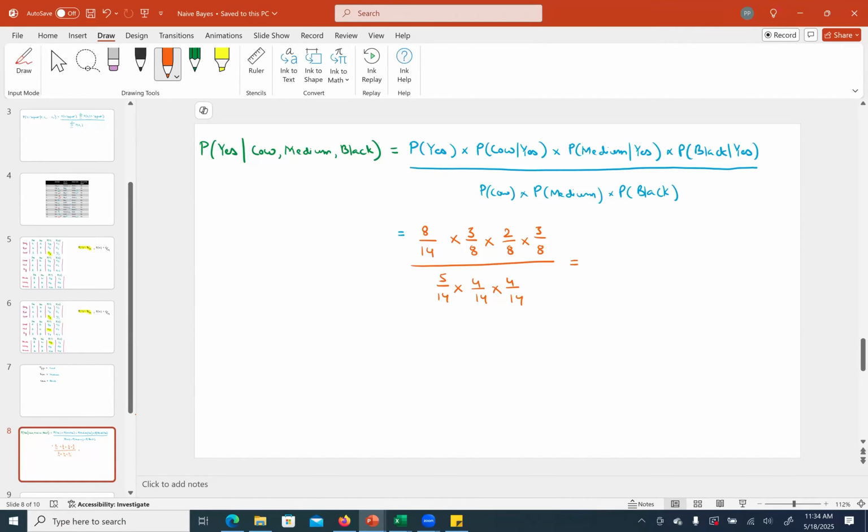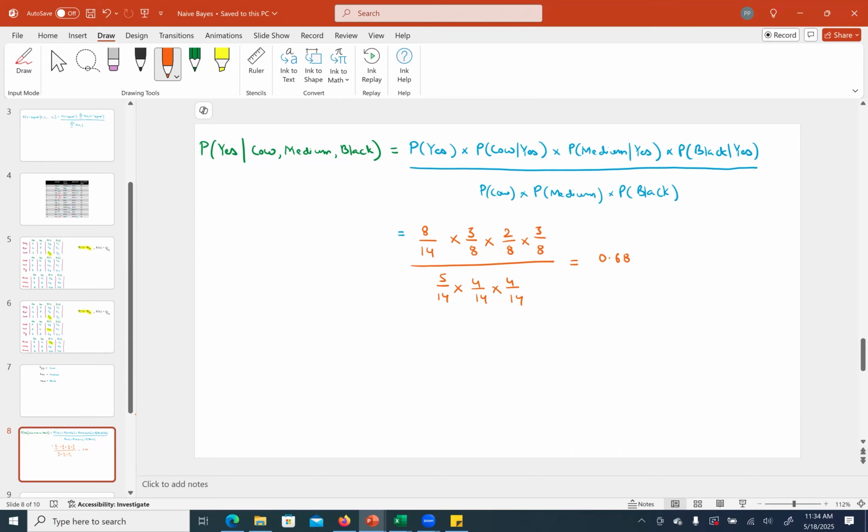Okay, in my calculation, it is coming out to be around 0.68. So the probability of yes, given that it is cow, medium, and black, is 68%.